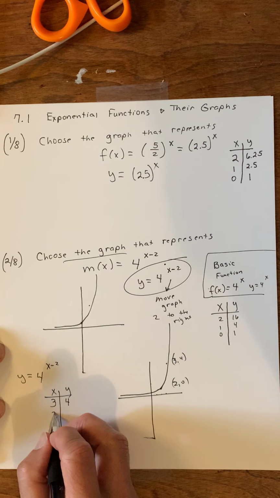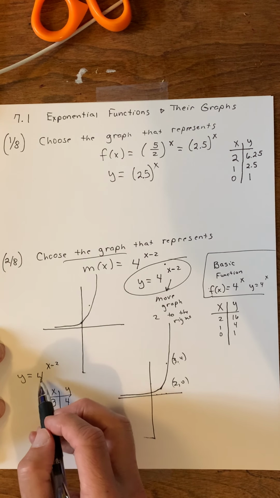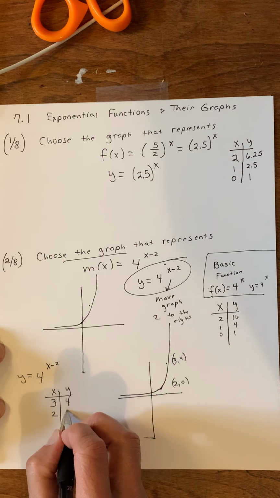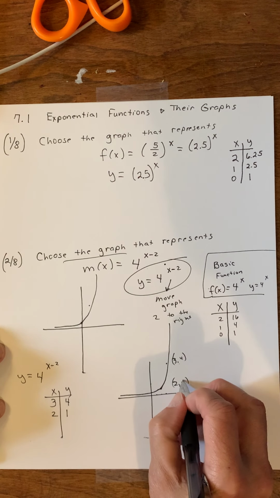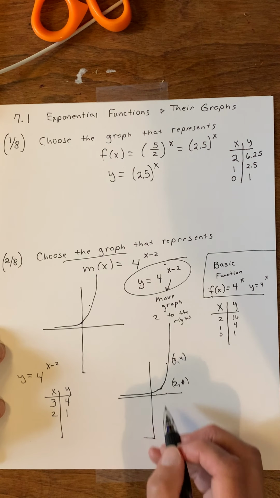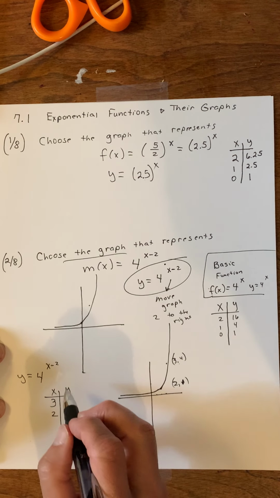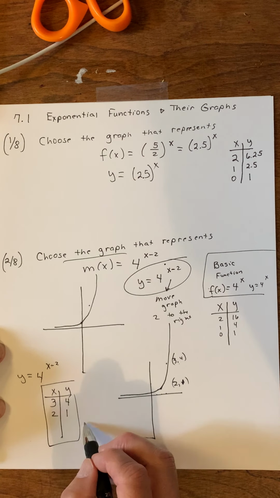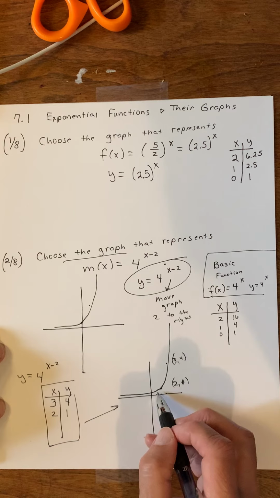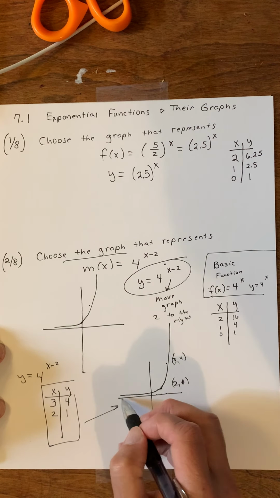Let's pick 2. 2 minus 2 is 0. 4 to the 0 power is 1. Hey, there's the other point we're looking for, (2, 1). All right, so here we go with some points that let us know in general, or specifically, what our graph looks like. The fact that my a is greater than 1 lets me know in general what it looks like.